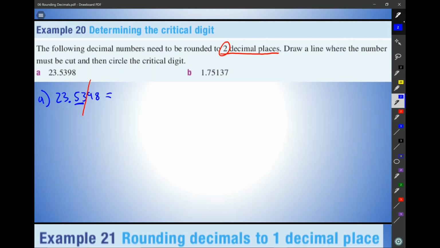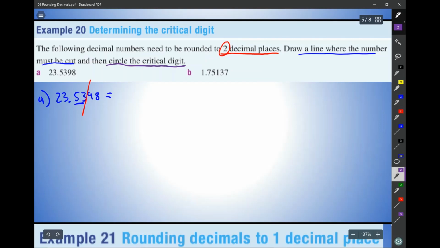Okay, so we've drawn a line where the number must be cut and circled the critical digit. Now, if our line is here, our critical digit is this one on the right hand side of the line.